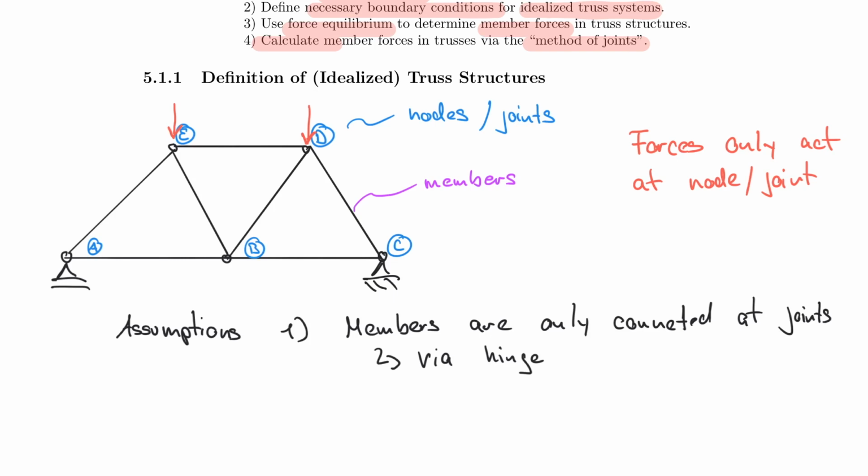Sometimes the picture doesn't include these circles that I included here. But whenever you have these triangles come together, it's effectively a hinge there. And then assumption 2 would state that forces only apply at nodes or joints.